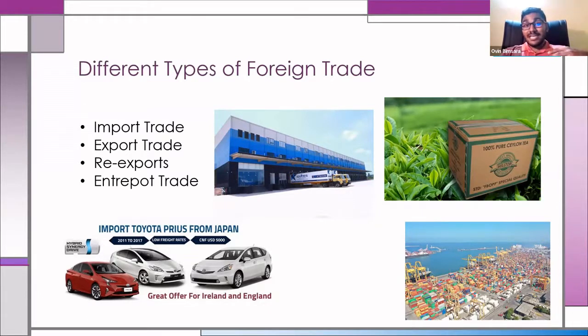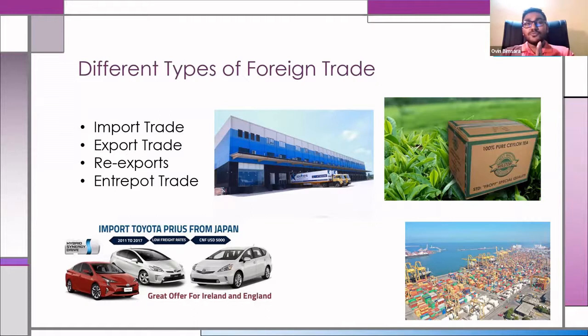When you are sending a product to a different country, you call it an export trade. In terms of Sri Lanka, when we are sending tea boxes to Russia, it is an export to us. On the other end, for Russia, it is an import trade. So import and export are having the mirror view.